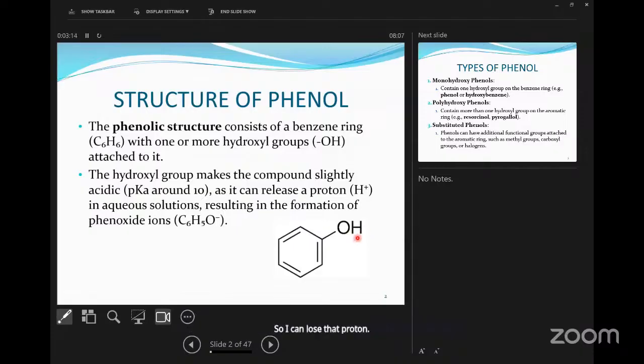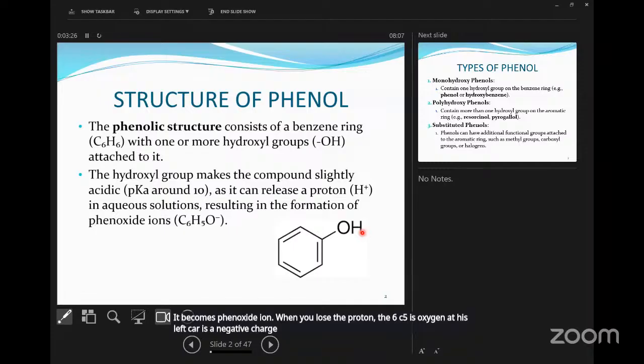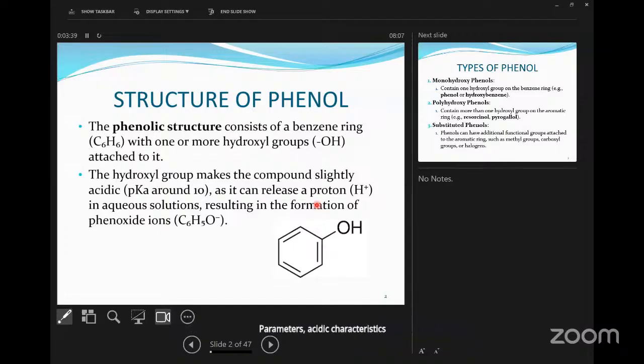So when it loses that proton, it becomes the phenoxide ion. When you lose the proton, the C6H5O that is left carries a negative charge, and the hydrogen, the proton, is released as a positive charge, and that is what gives it acidic characteristics, and the pKa is around 10.